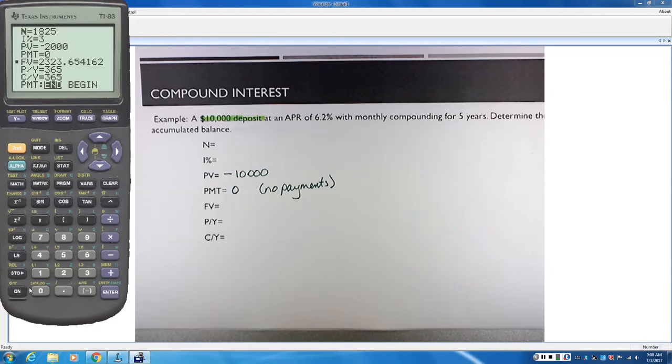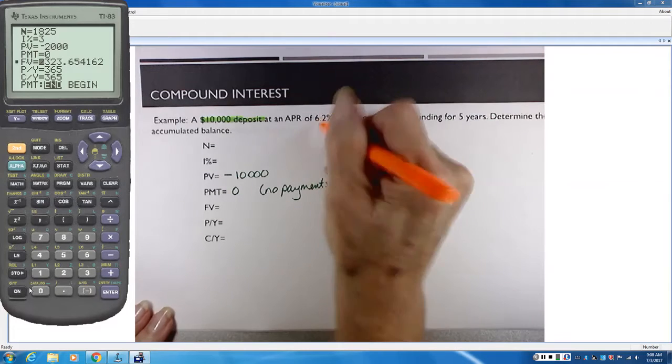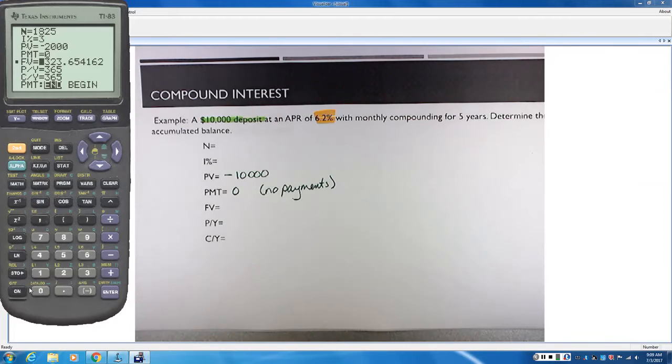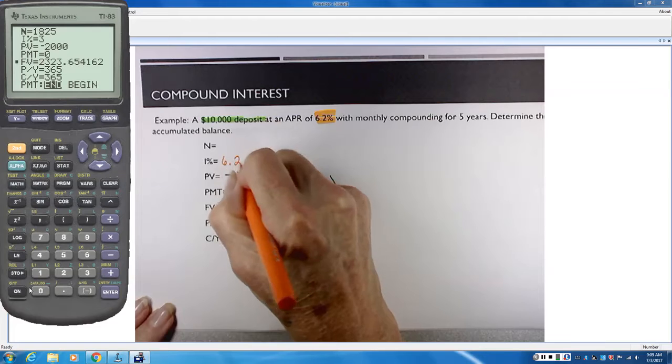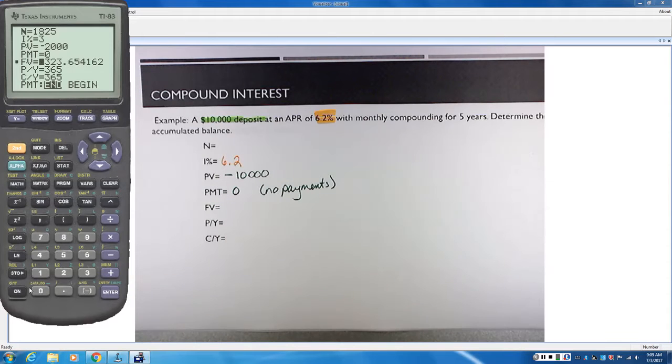And it says the APR, 6.2%. So we put in 6.2. And then it says we're going to compound monthly.